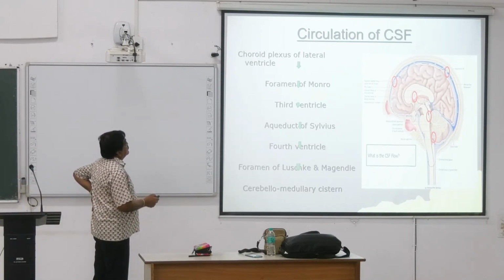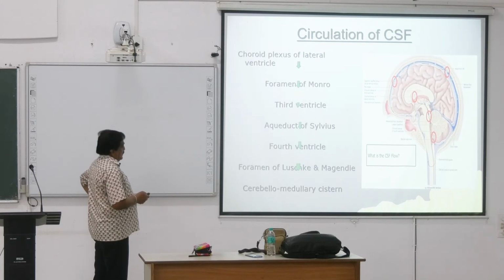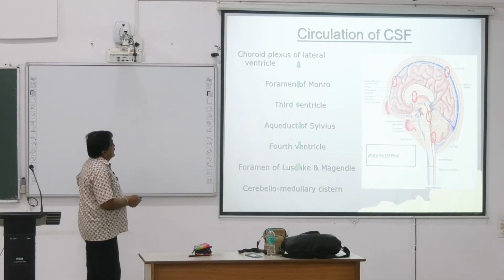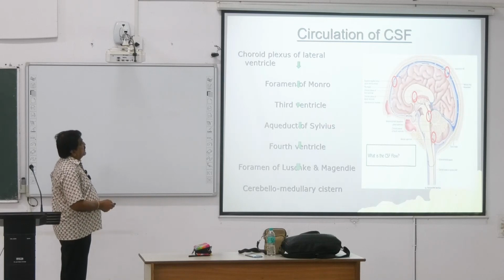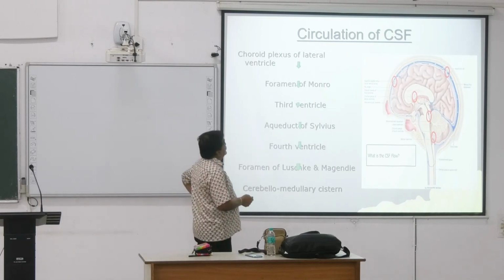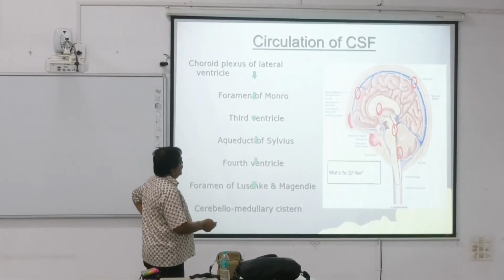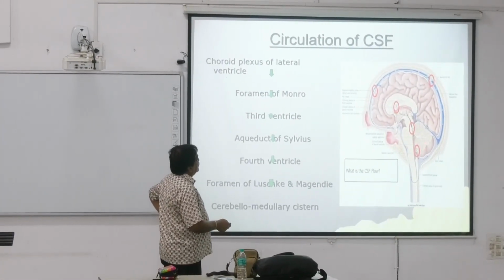See the circulation of CSF: choroid plexus of the lateral ventricle, through the foramen of Monro, then the third ventricle, then the aqueduct of Sylvius and the fourth ventricle, the foramina of Luschka and Magendie, and the cerebellomedullary cistern. These are the places it goes, the cerebellum and the medullary cistern here.